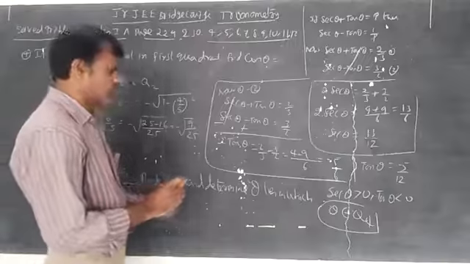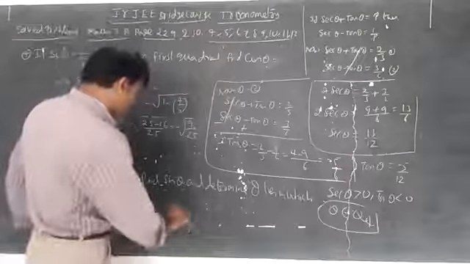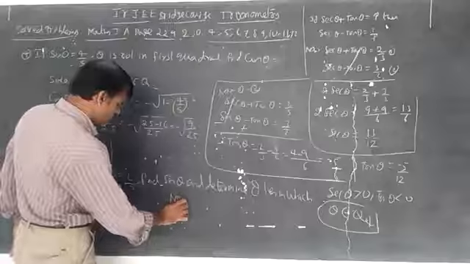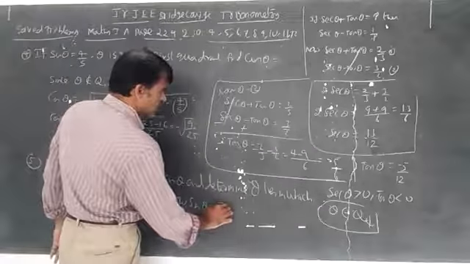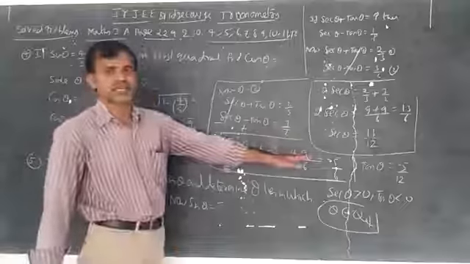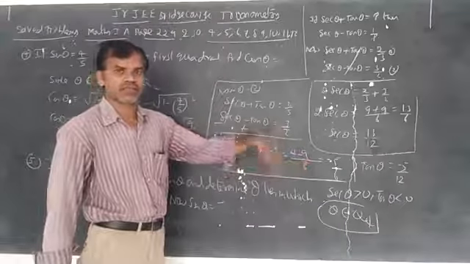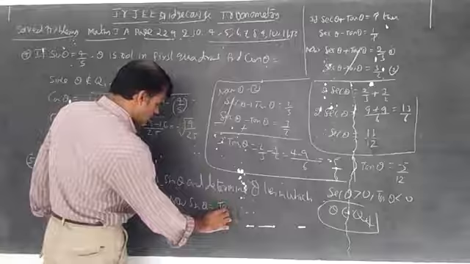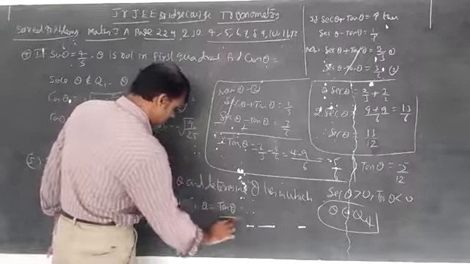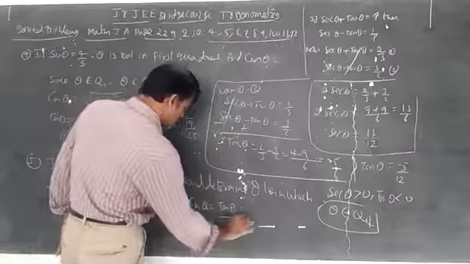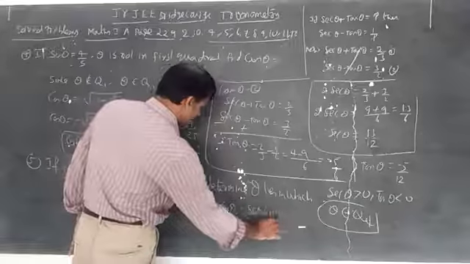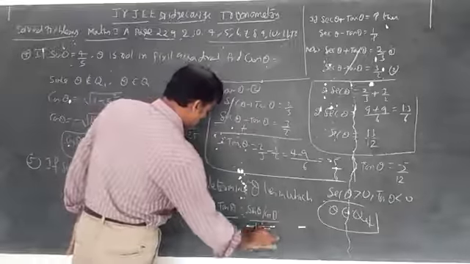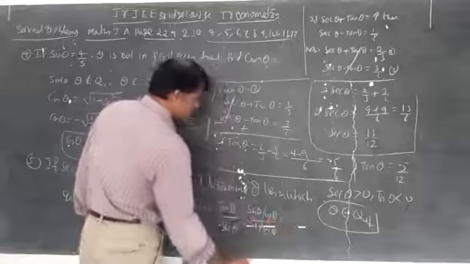Now we should calculate the value of sin theta. Sin theta is equal to tan theta by secant theta. Tan theta by secant theta is sin theta by cos theta whole by 1 by cos theta. Cos theta gets cancelled.